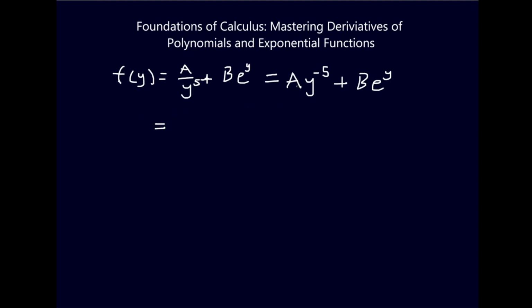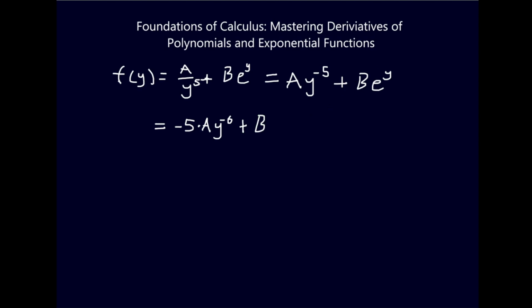So let's break this down. With y to the negative 5, we bring that negative 5 out front. It is now multiplied by the a, but we don't know what a is. So that's negative 5 times a, y to the negative 5 minus 1, which is y to the negative 6, plus b e to the y.